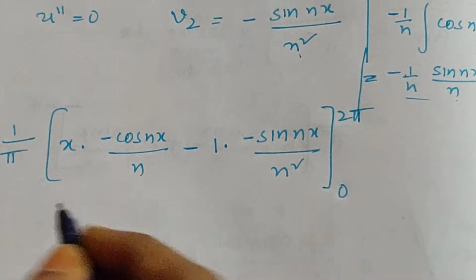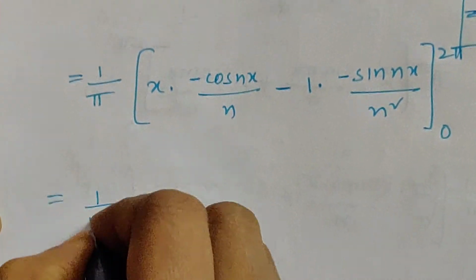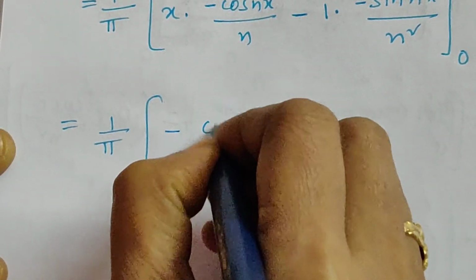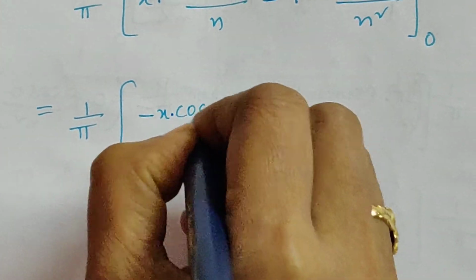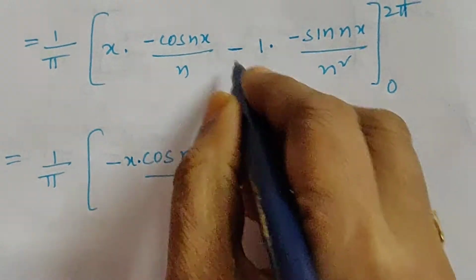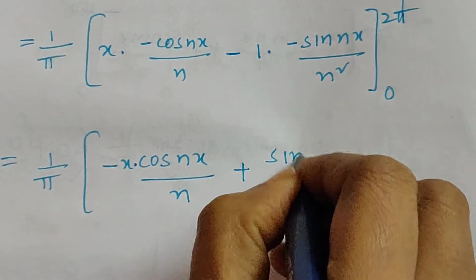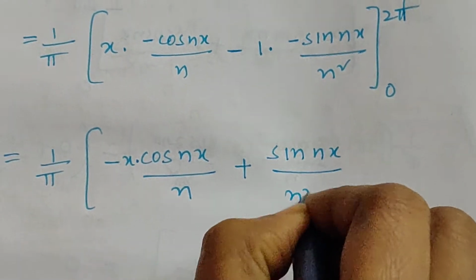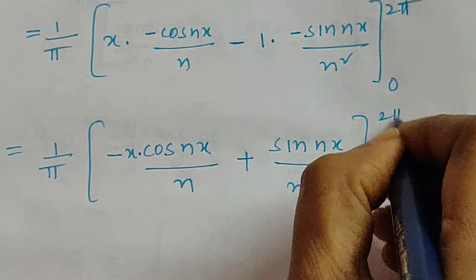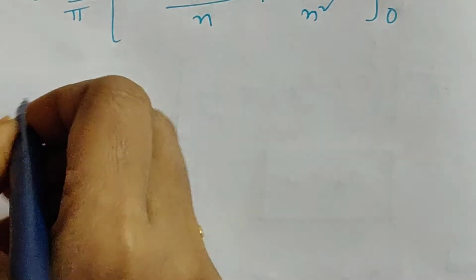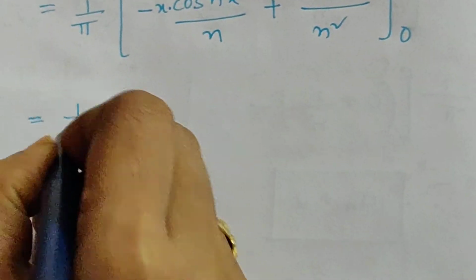Limits 0 to 2π. So 1/π times minus x cos nx by n plus sin nx by n², limits 0 to 2π. Equal to 1/π.